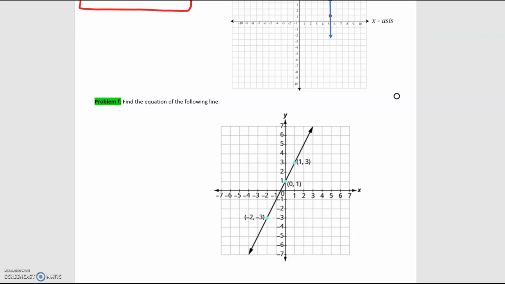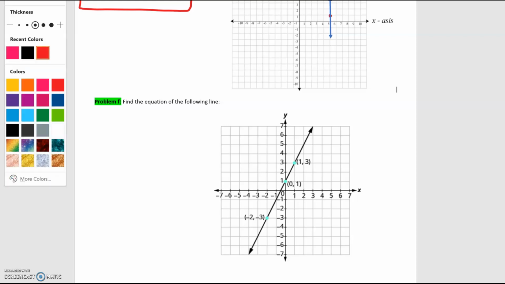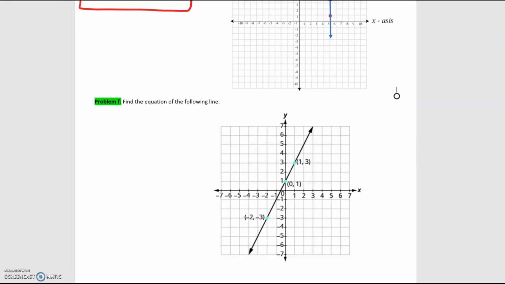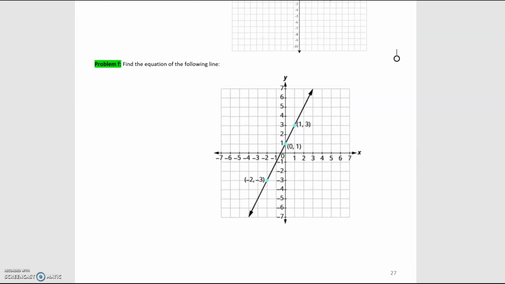Okay, let's take a look at the next problem. On this problem, which I think is the last one, they want us to find the equation of the line. So good news: the y-intercept, let me write it here, is (0, 1), since you're viewing this coordinate point here. And then we're going to follow the slope.